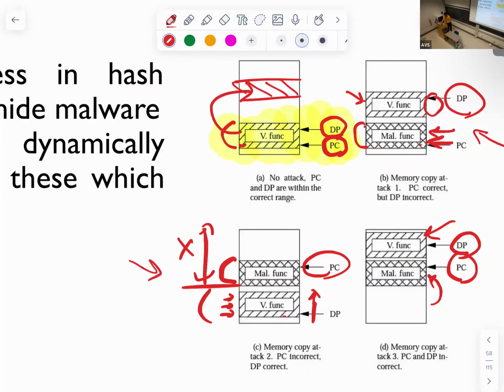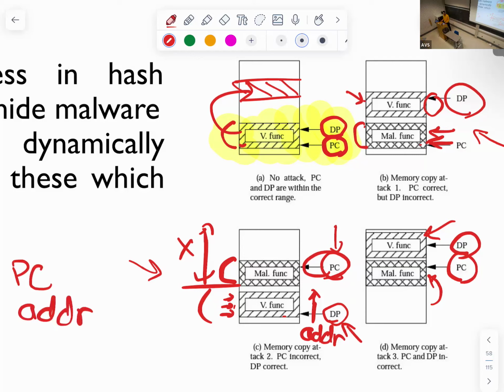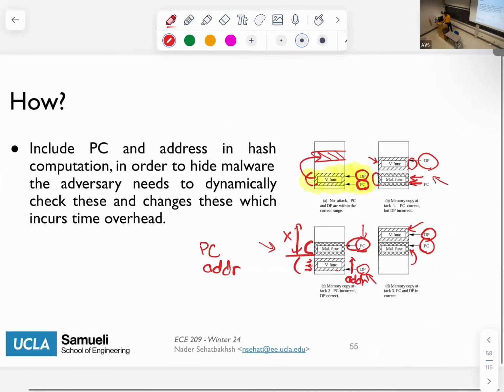We detect it by reading the content of memory, of course, but also we need to make sure that we always ensure that the PC value and the DP value, or the address, in other words, so DP is the data pointer or the address. So I need to make sure that my PC and my address is also always being checked. Every time that I'm computing something, I need to make sure that the PC and the address is exactly the same. So how can I do that?